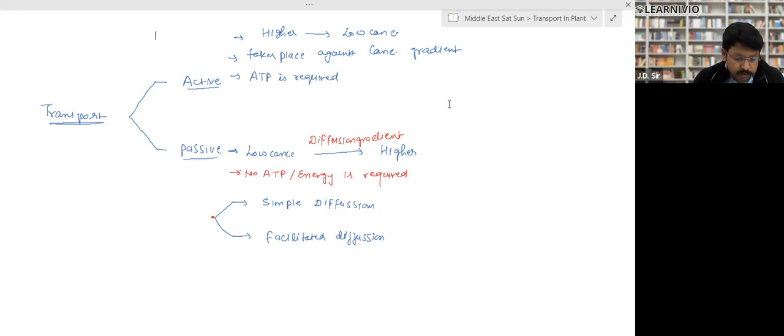The direction of translocation is unidirectional in case of water, that is, from root to stem, leaves, flowers and fruit. Full stop.